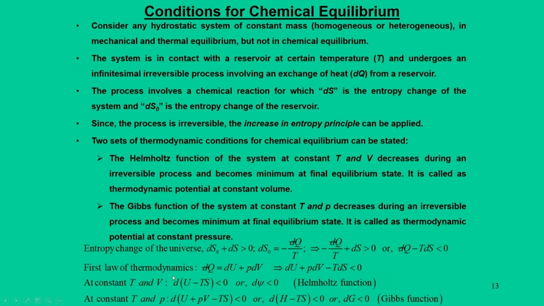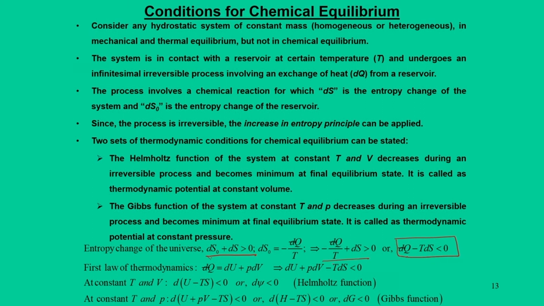So, the total change in the universe is dS0 plus dS greater than 0, that is the law of entropy. We can write dS0 is equal to minus dQ by T, and putting it here we get minus dQ by T plus dS greater than 0, which gives the equation dQ minus TdS less than 0.